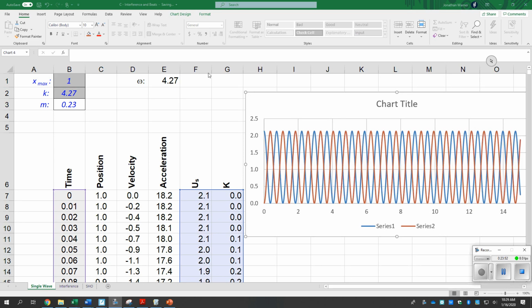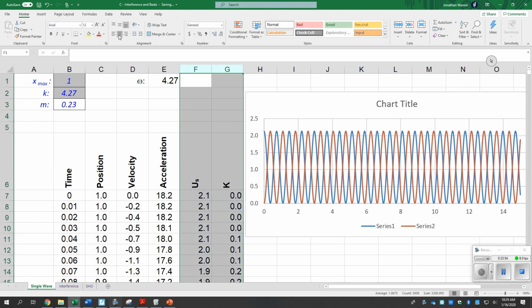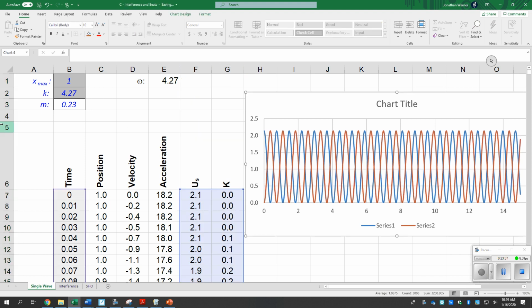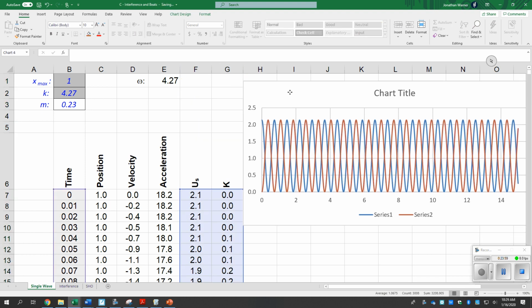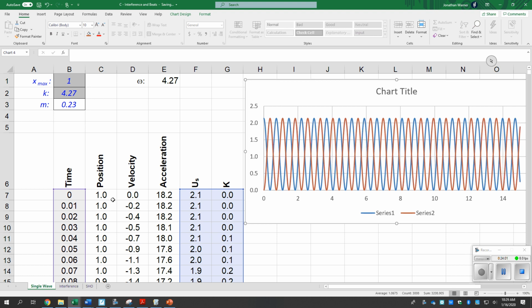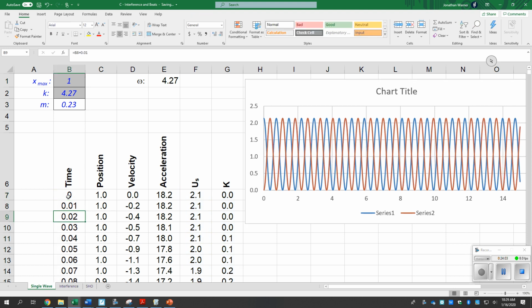I had to spreadsheet this stuff for myself just because I didn't really know how to make the justification for you. But look, I plotted a bunch of times that I chose at hundredths of seconds intervals. I chose an X max for a mass spring oscillator and a K and an M, and thus omega equals K over M raised to the 1/2.